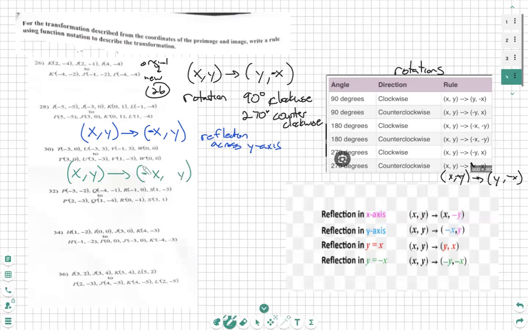X is multiplied by a -1, Y is multiplied by a -1. And we can easily see that -X, -Y is the obvious flip of our rotation of 180 degrees. 180 degrees, counterclockwise or clockwise. I always do clockwise personally, but everyone has their own preference.